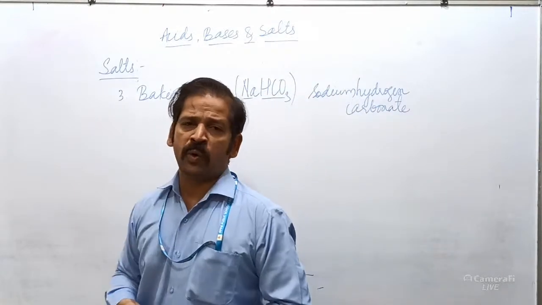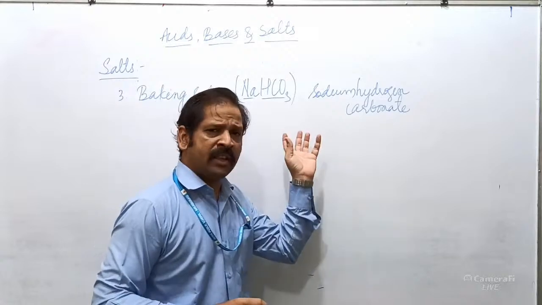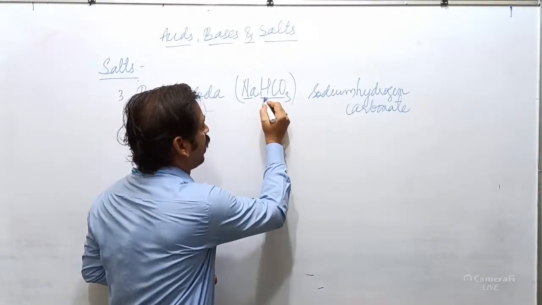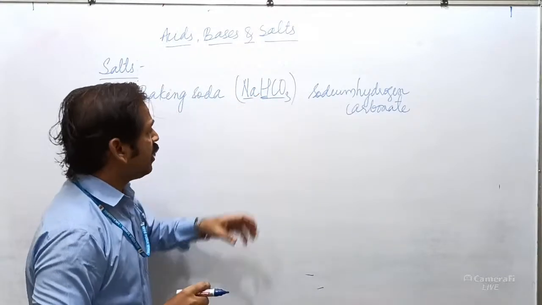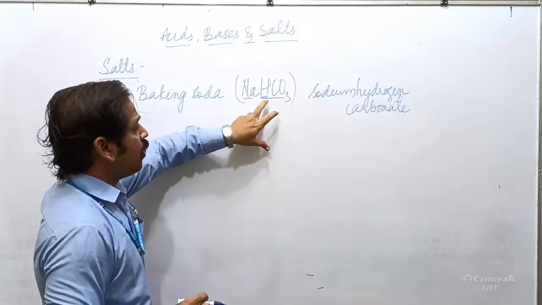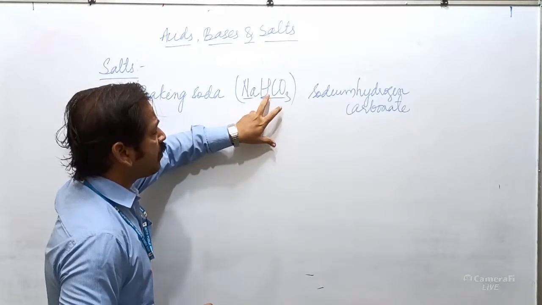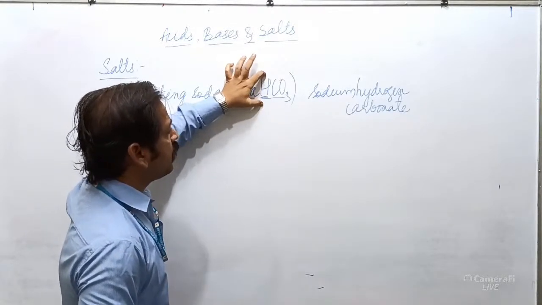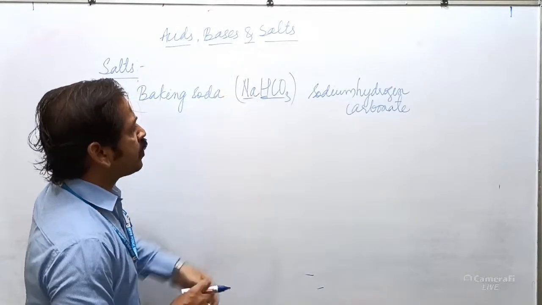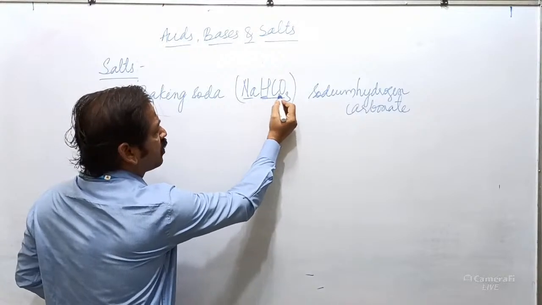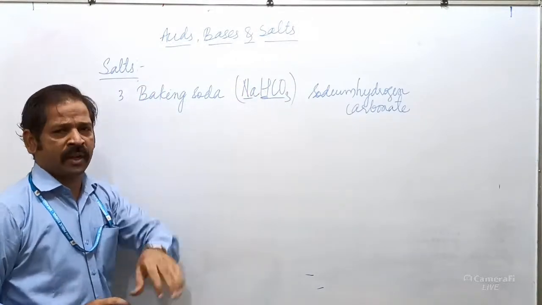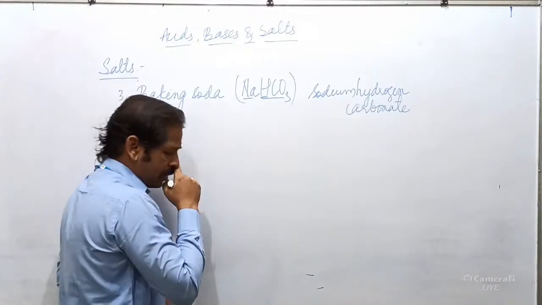It is in the solid state, and it is actually an acidic salt because it has one hydrogen in its formula. Only partial replacement, partial dissociation, of the hydrogen takes place, so hydrogen remains. So sodium hydrogen carbonate is called an acid salt.